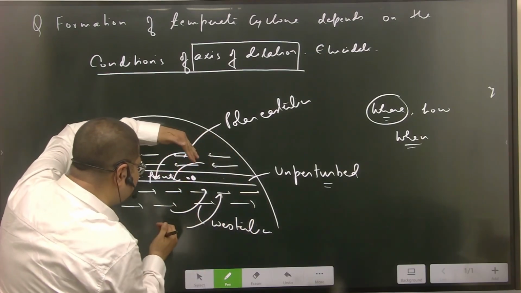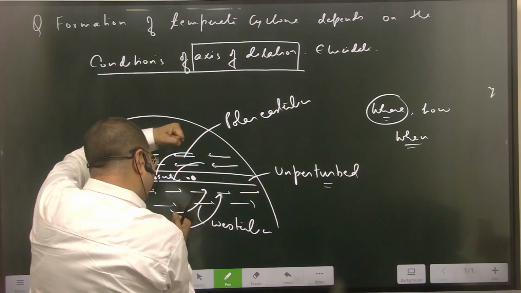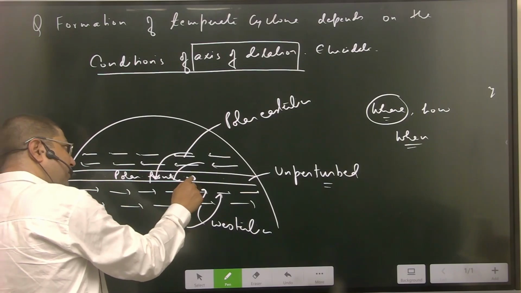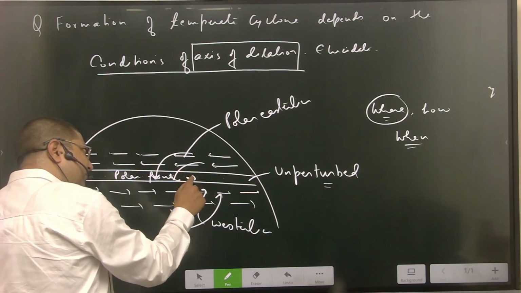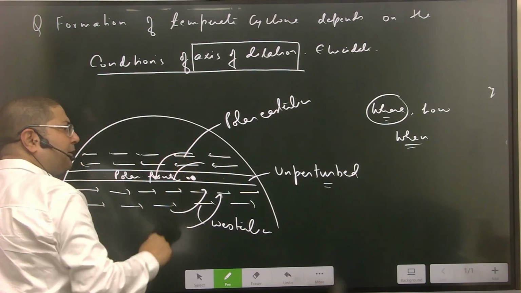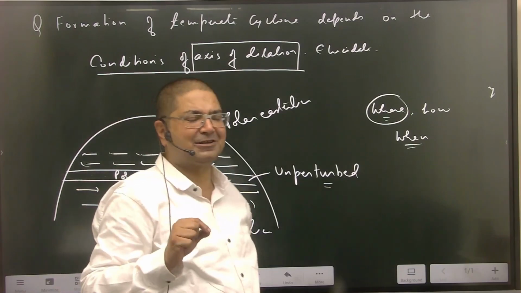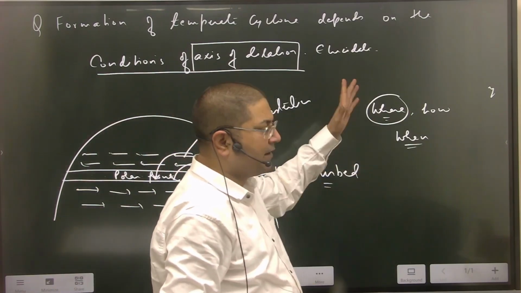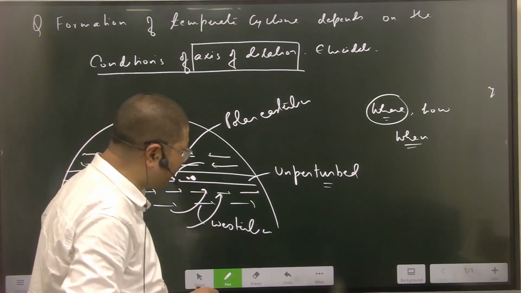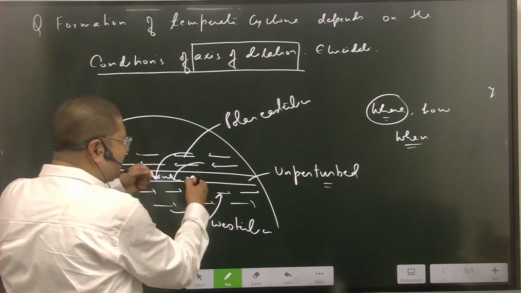Wherever the polar easterlies and warm westerlies start converging on this polar front, at that particular place, cyclogenesis takes place. Clear? Cyclogenesis, that is formation of temperate cyclone, takes place on polar front wherever this convergence sets in.